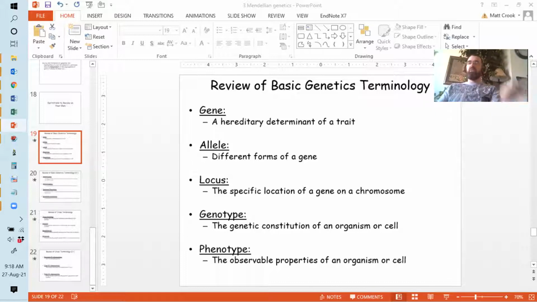Which is your genotype. Also, you could think of it the other way, which is that the phenotype is the expression of the genotype. Right, so that's looking at it from a different perspective. One thing to be very clear about, though, is that it works in this direction.